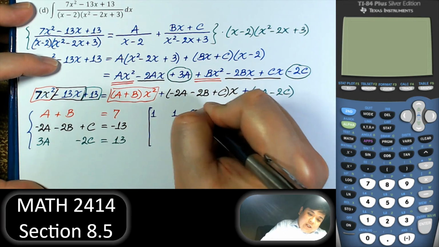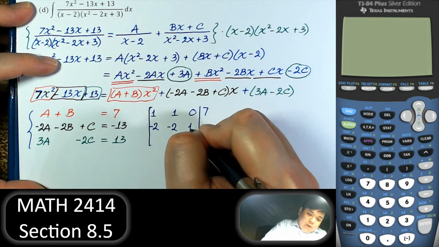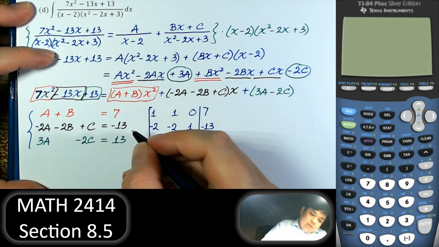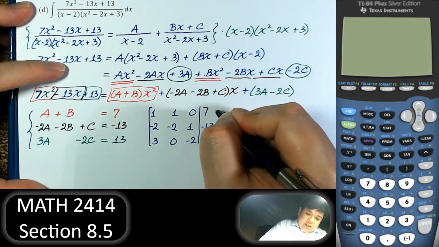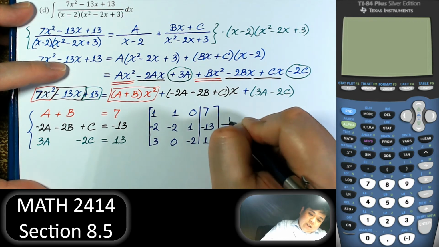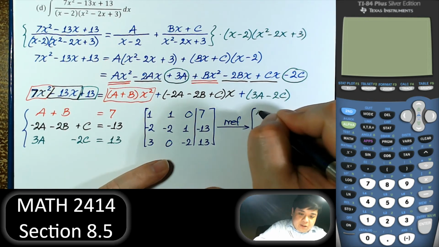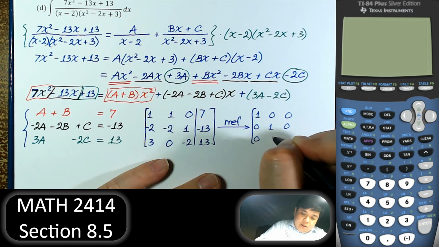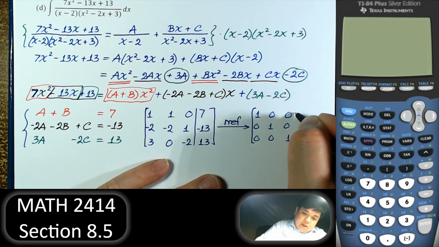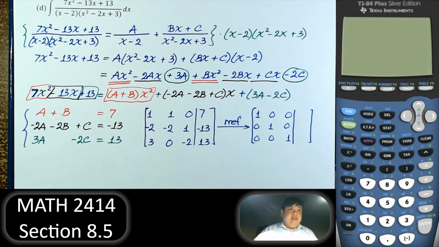1a, 1b, 7, negative 2, negative 2, 1, 3a, 0, negative 2, and 13. Reduce row-echelon form. Hopefully that turned out to be something nice and even, because the problem seemed very complicated.